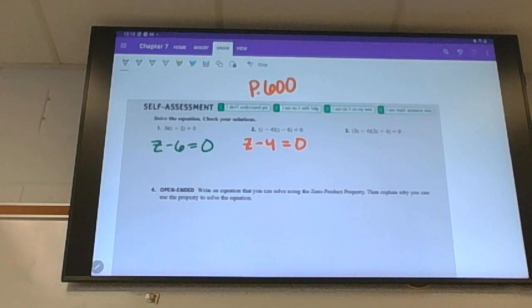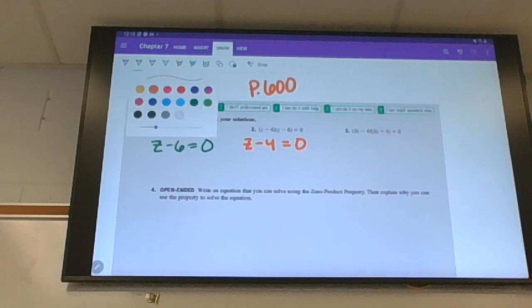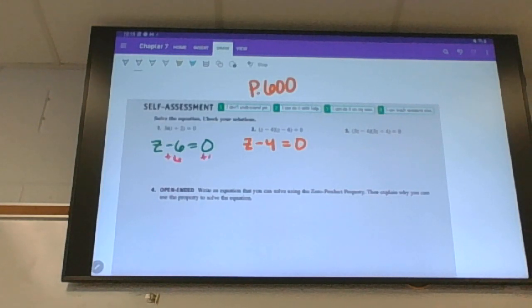You take each part and make them equal 0. And then you solve those little parts. So to solve this one, I would add 6 to both sides, like we used to do when we were solving equations. And I get the answer 6. On this part, I would add 4 to both sides, and I get the answer 4. So if I wanted to check it, I would plug it in. If you put a 4 in, the answer will come out 0. And if you put a 6 in, the answer comes out 0.